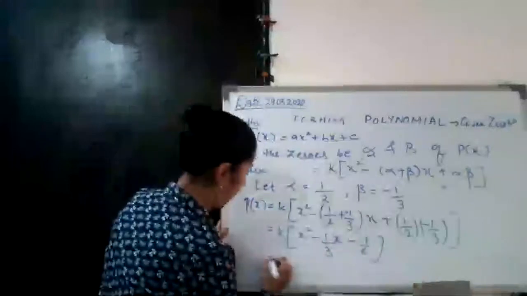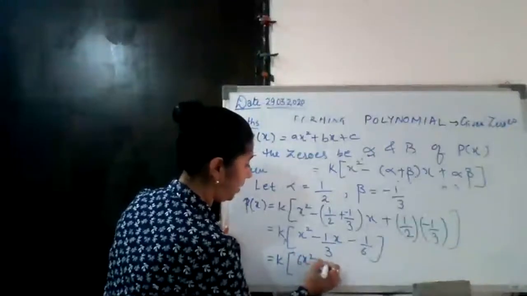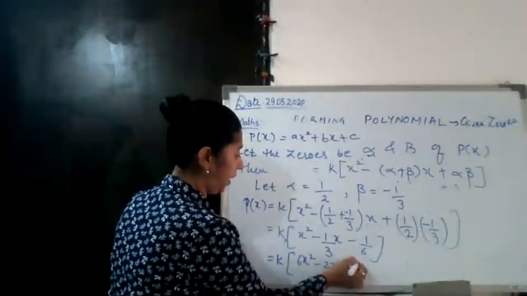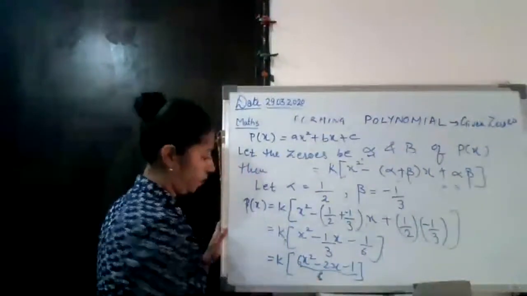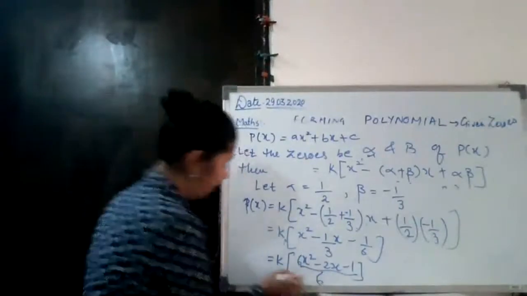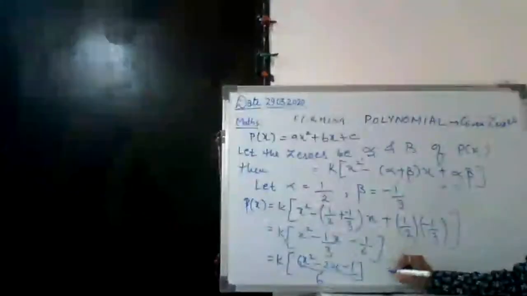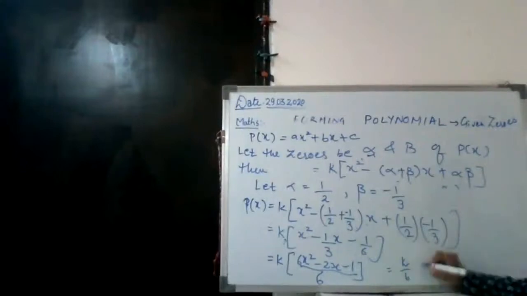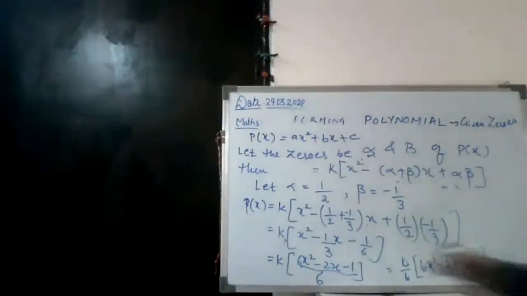Okay, you can take LCM and you can write this equation as k times 6x squared minus 2x minus 1 upon 6. Okay, so you can take that k out and write one more time as... I hope it's clear.